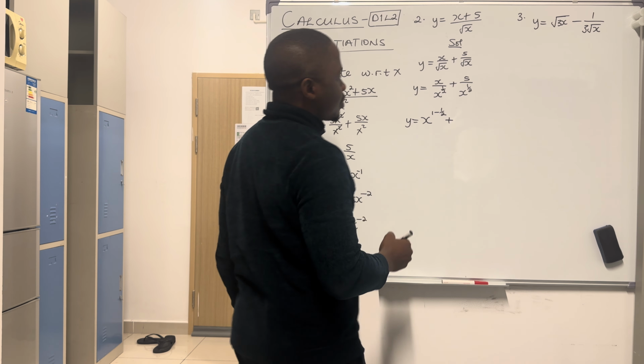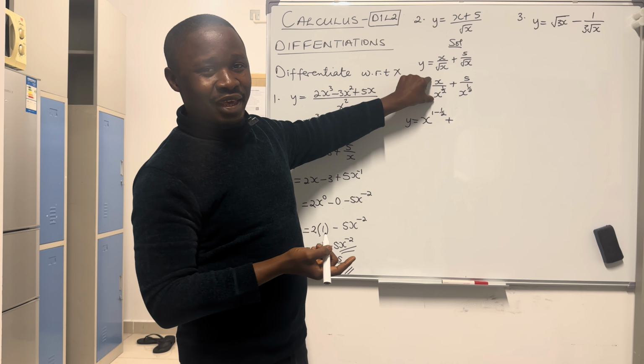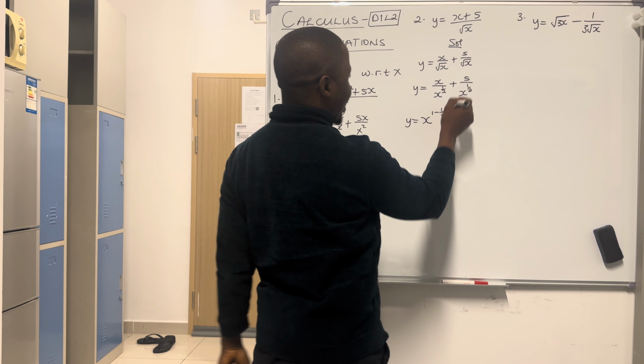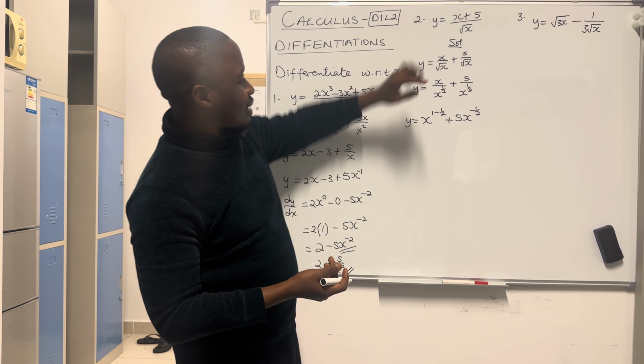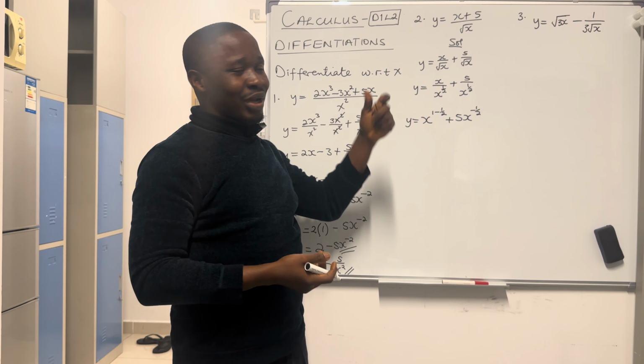Plus 5 and x, they are not the same, so we cannot do what we did here. So we write 5 and we bring this x up there, changing the sign of the power. Here we do not need to write the 1x; we write only x, and the power here is 1. When this power goes up, the sign of that power changes.